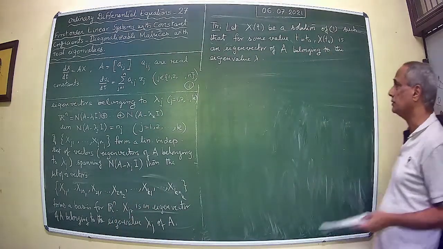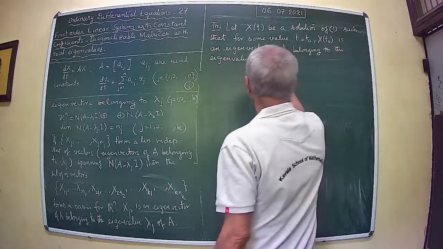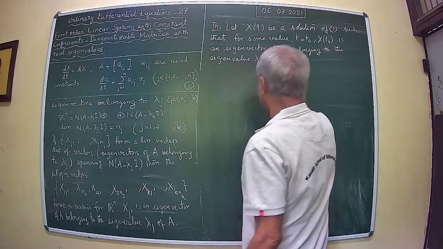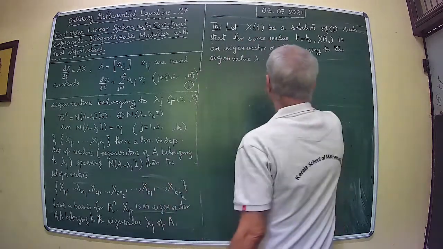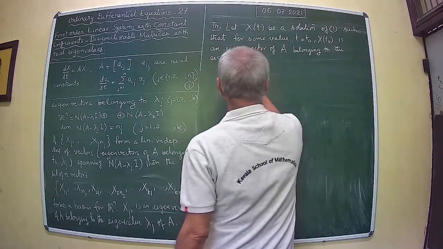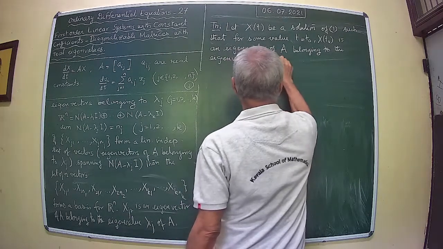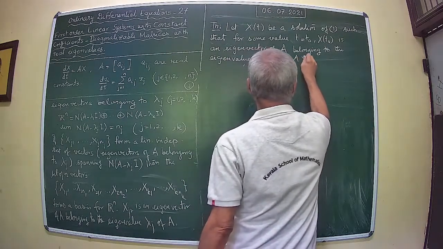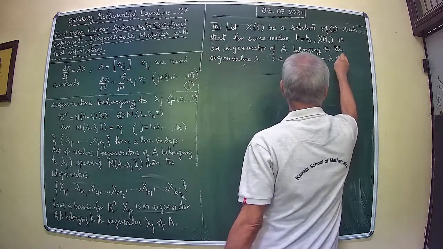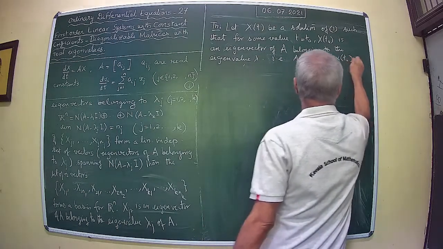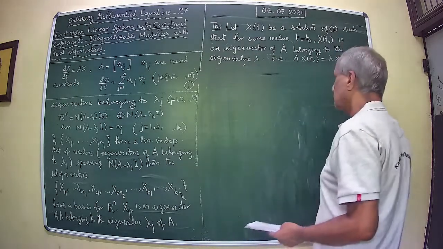Okay, then what we have is, or rather we can write this, that is A x of t naught equal to lambda x of t naught. It's a non-zero solution.